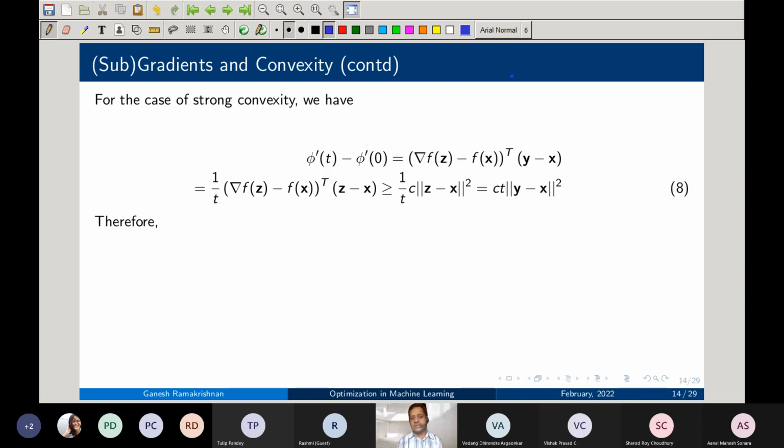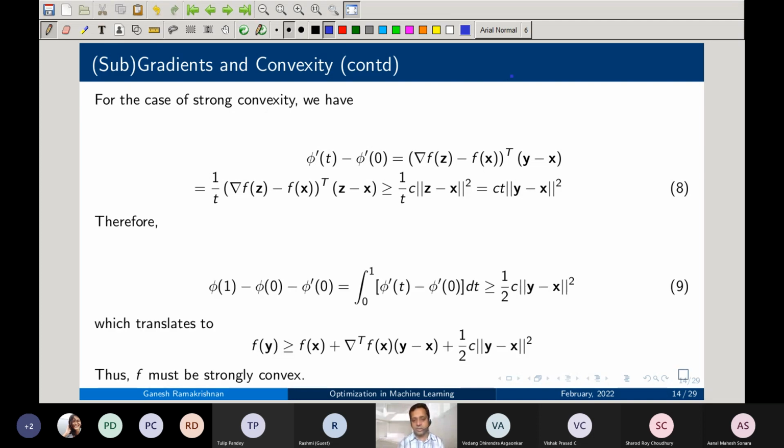For the case of strong convexity, there's a little bit more work you have to do. Not only do you look at the mean value theorem, you'll also have to look at some quadratic expansion and then do some integration.